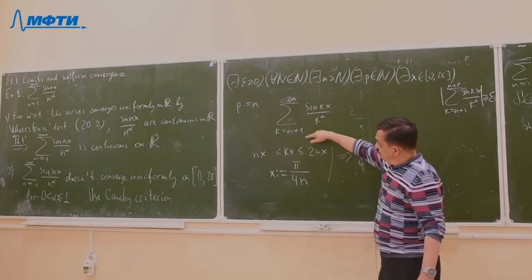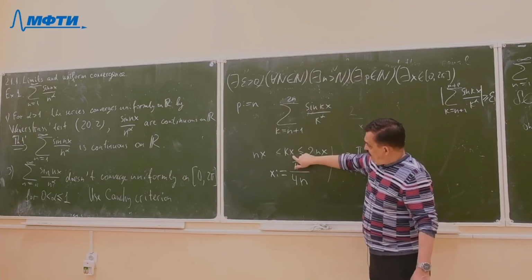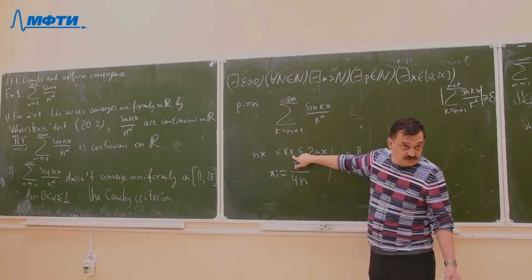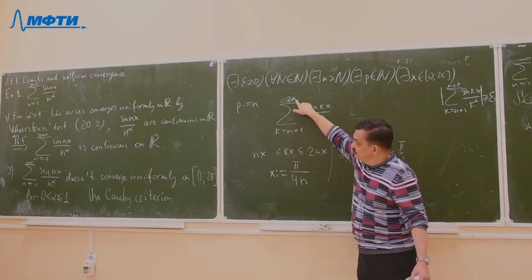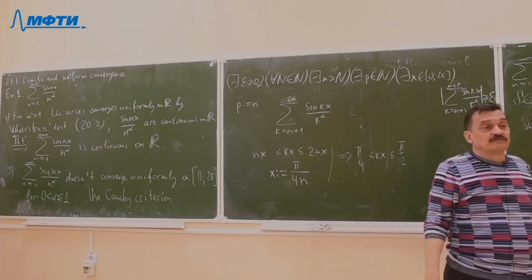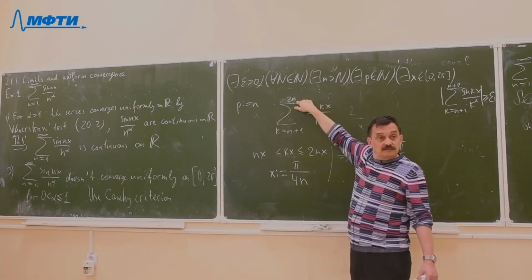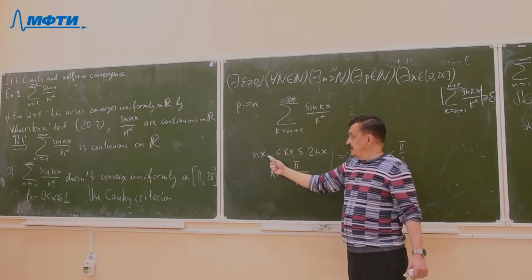Then look, for arbitrary positive x, if k starts from n plus 1 and terminates at 2n, then what happens with kx? It is between nx and 2nx.